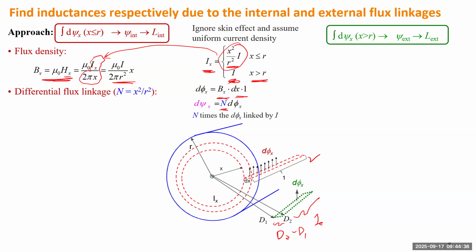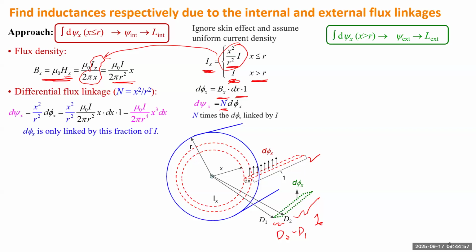Next, we want to calculate the flux linkage. We call it the differential flux linkage because the flux linkage depends on the d phi x only for that small rectangular area. Why do I call it differential? Because the n is smaller than 1. Not the entire current is linking the flux.